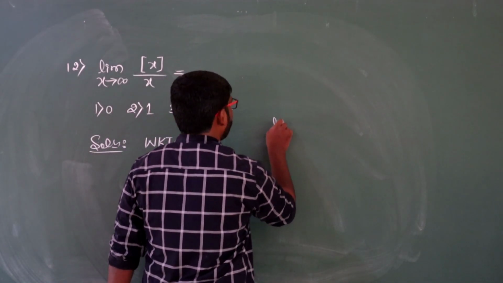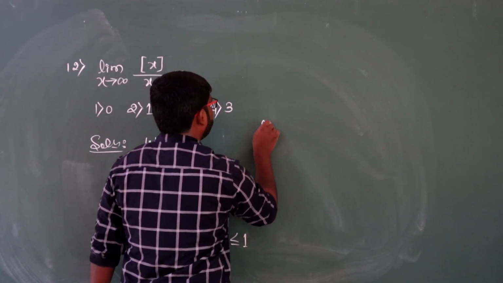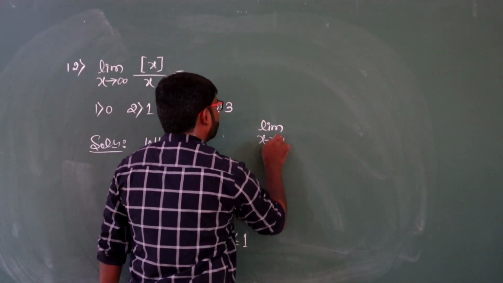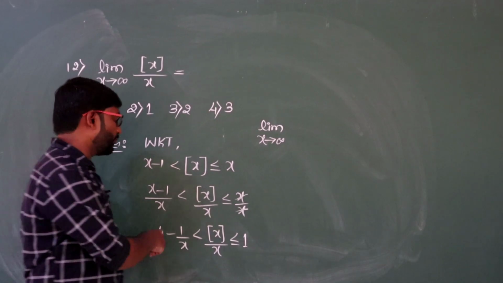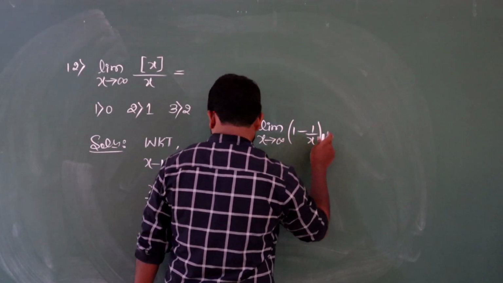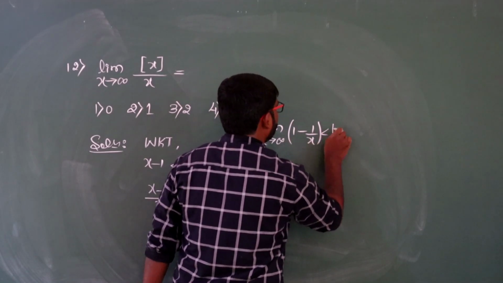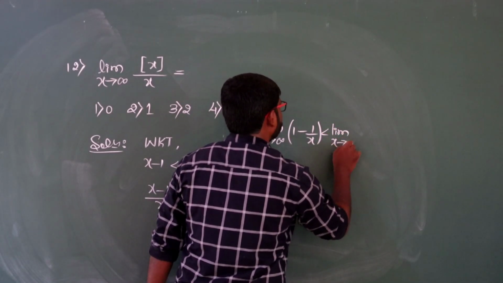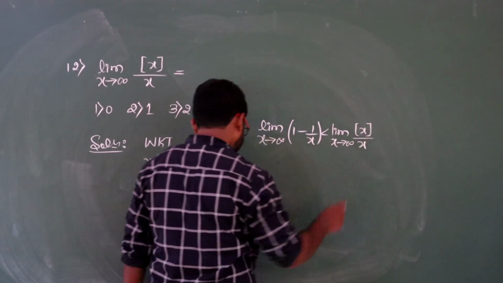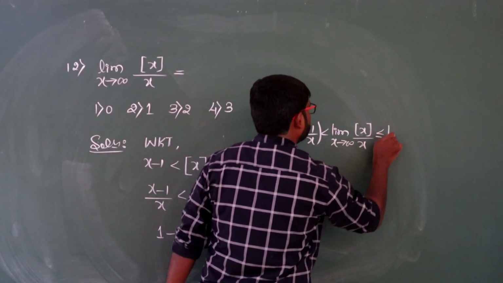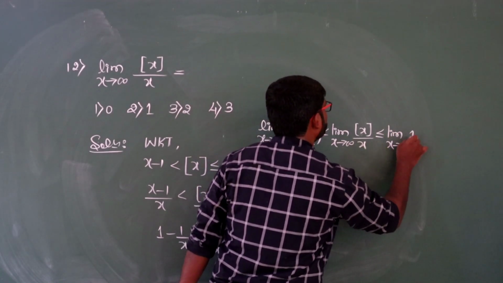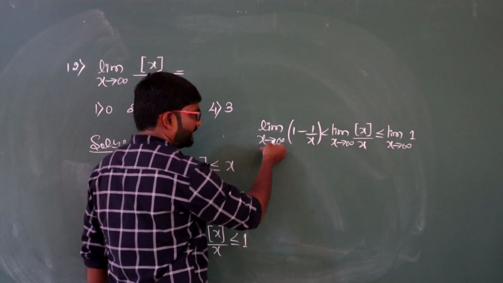So limit x tends to infinity, 1 minus 1 by x, then less than limit x tends to infinity, greatest integer x by x, then less than or equal to limit x tends to infinity 1.